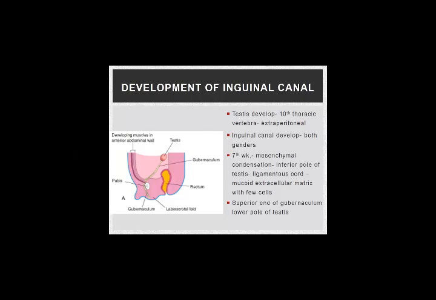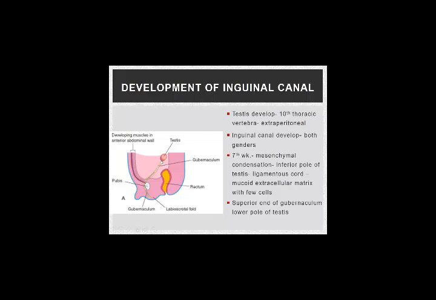7th week में जाके ये जो this is the developing bone, developing testes. 7th week में जो mesenchyme at the inferior pole, ये इसका inferior pole है, ये superior pole. So 7th week में inferior pole जो mesenchyme है, this develops into a rod of mesenchyme. Condensation of mesenchyme that develops into a ligamentous rod.